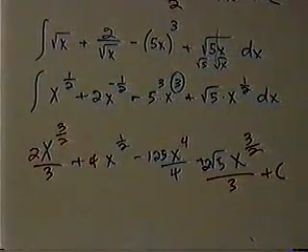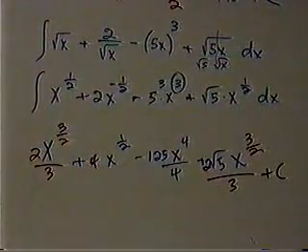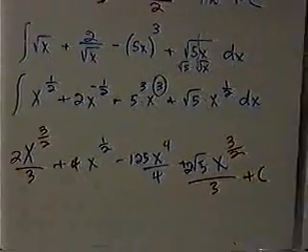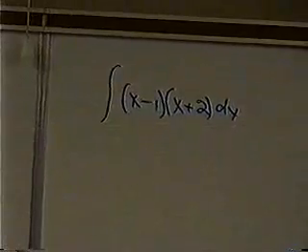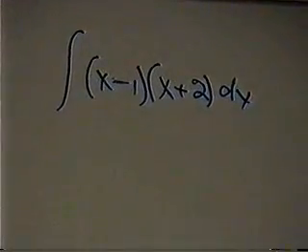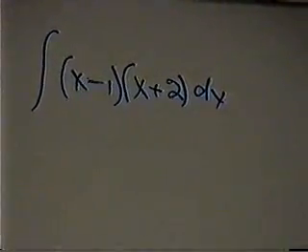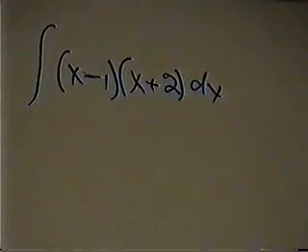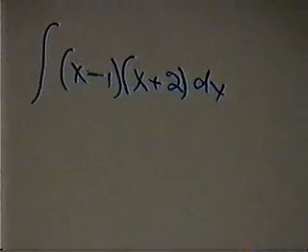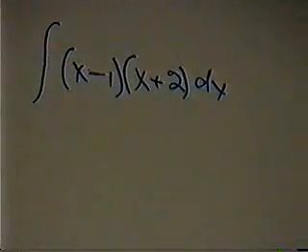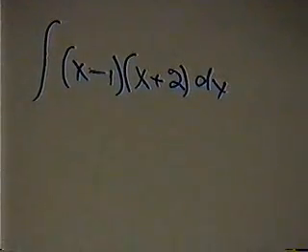Okay, now let's go to the next concept that you need to understand, and that is, in integration, in Calculus 1, there is no such thing as a product rule or a quotient rule. So if we have products and divisions and stuff like that, we cannot do anything in Calculus 1 except change it to x to a power.